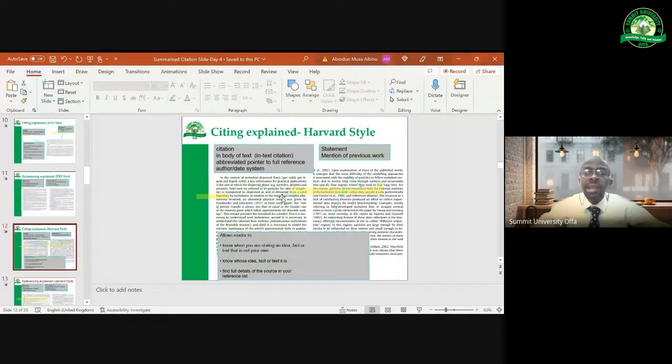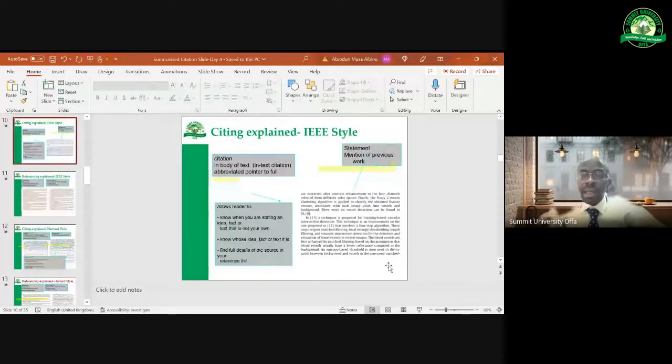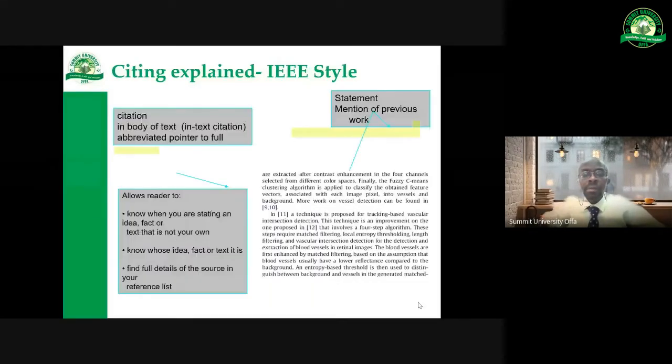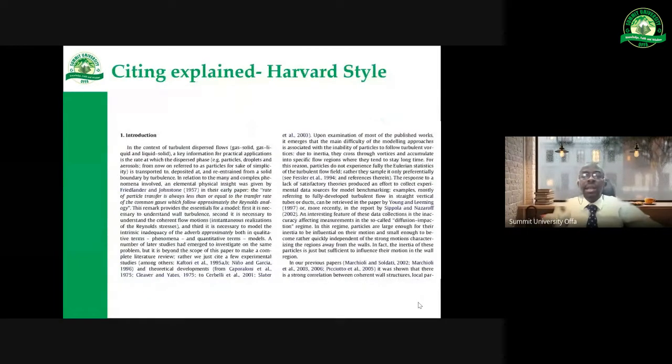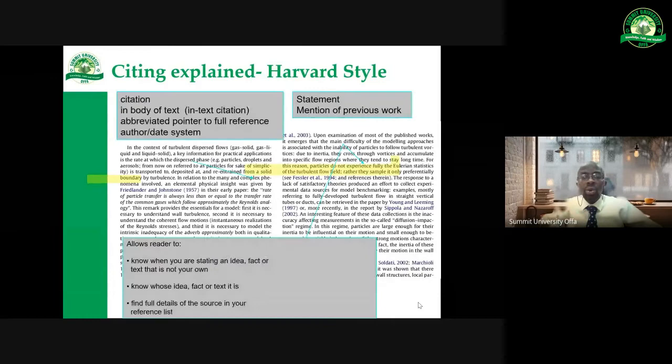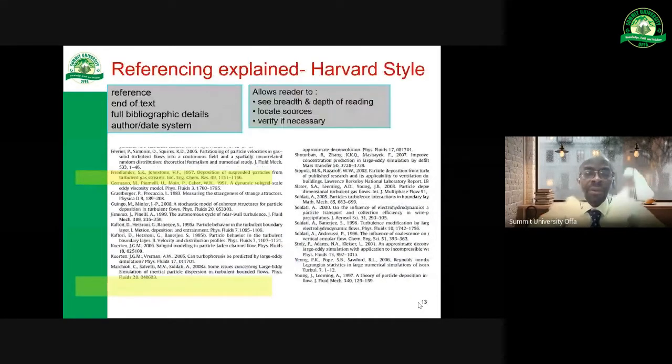But don't forget, this is totally different from Harvard style or APA style and the rest. For IEEE style, you use the square bracket, but for author and year, the Harvard style or similar format, you use the author's name and year. But they are meant to achieve the same thing.